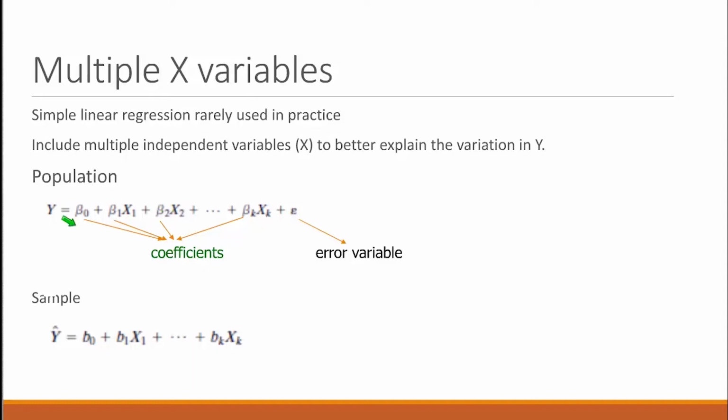And then going back to the beginning, beta 0 is the intercept. Same idea: when all x variables take a value of 0, the value of y is equal to beta 0. And lastly, you will see the old error variable, which we saw in the simple linear regression model, that measures the difference between the actual y and the estimated y using our model.